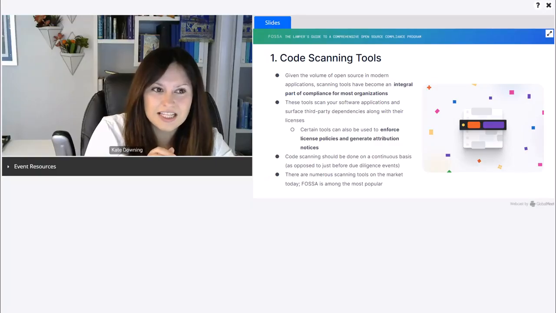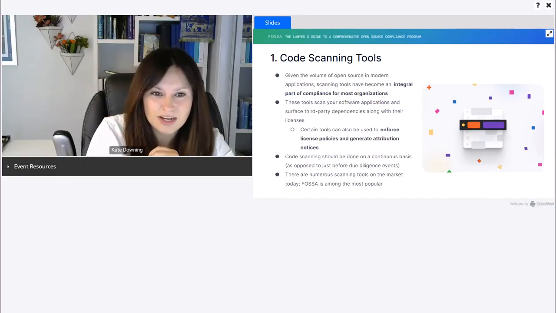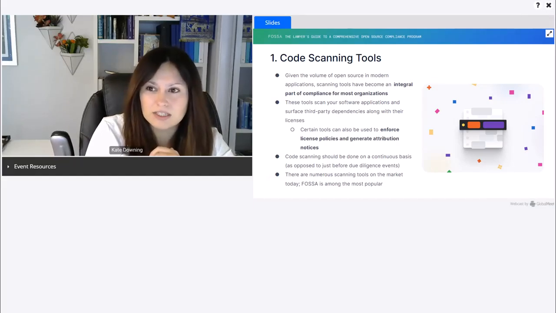I think in today's coding environment, there's really no way to do open source compliance in a trustworthy manner without also using scanning tools. Any company that's using languages that take advantage of package managers has a massive amount of open source that they're using, and a lot of times they're not even aware of it, because they'll say, we're pulling in, let's say, 3 packages directly, right?